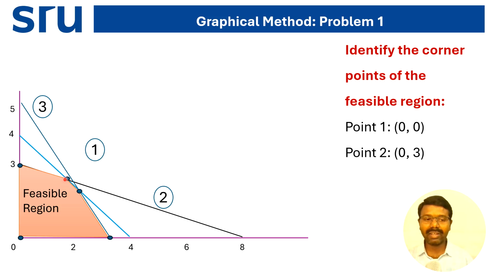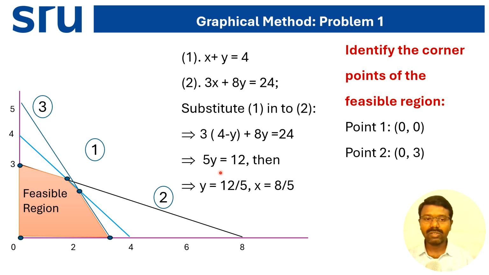To get the third point, because it is not on the x or y axis, I need to find the intersection point of equation 1 and equation 2. Equation 1 is x plus y is equal to 4.